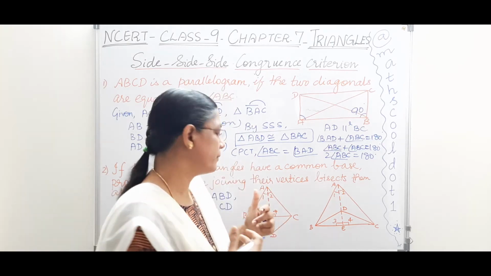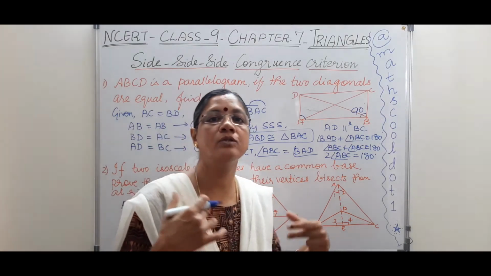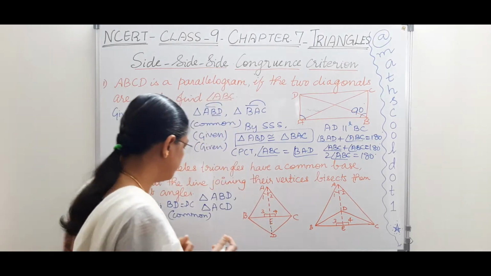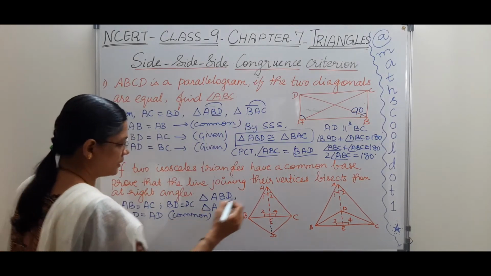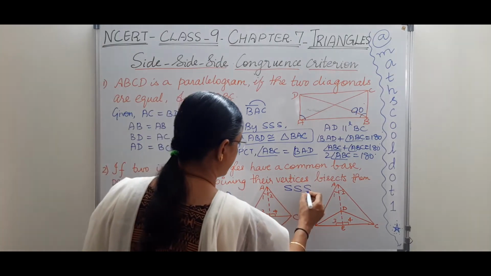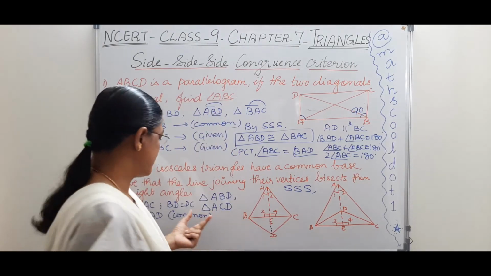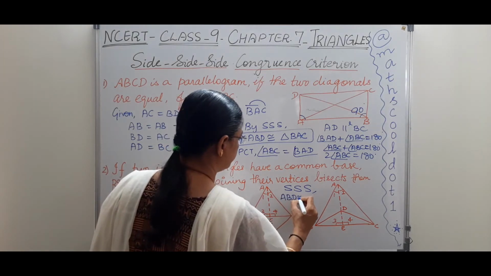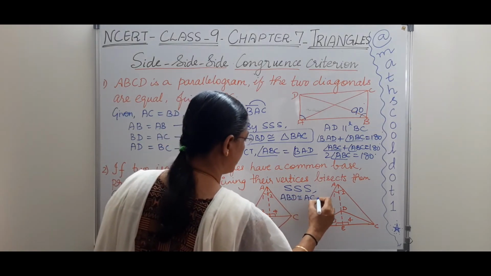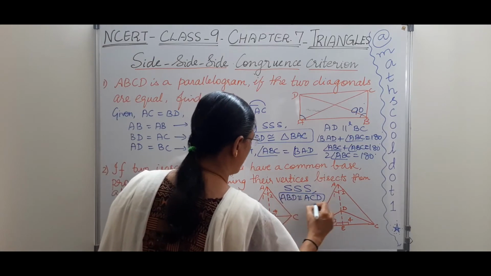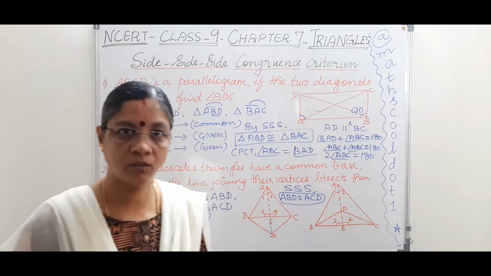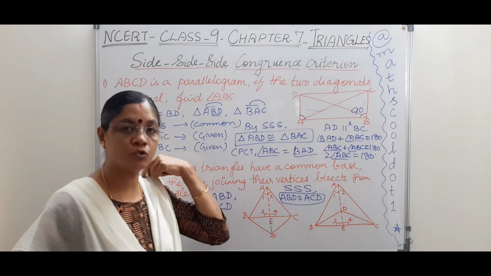According to SSS criterion, triangle ABD is congruent to triangle ACD. So we have proved these two triangles to be congruent, right?